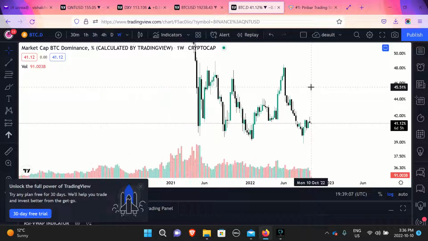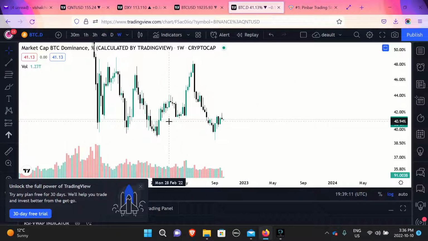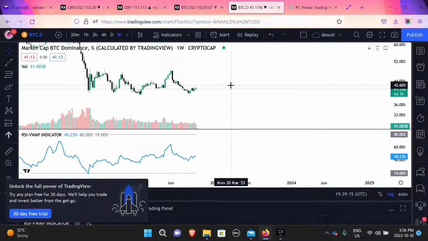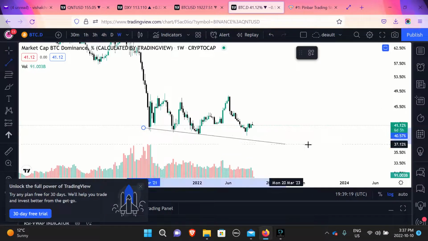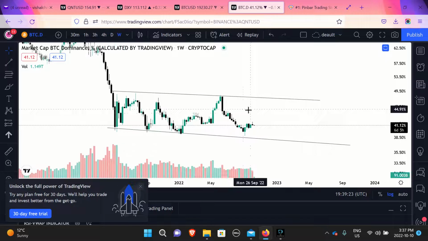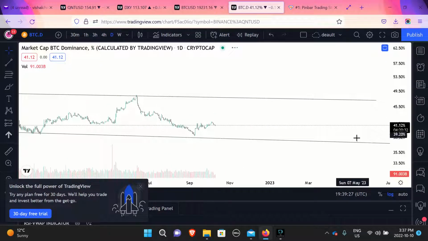And then let's look at Bitcoin dominance. If we go on the weekly, we have our trend line here. And let's go to the daily time frame.